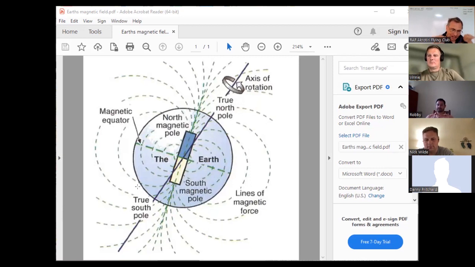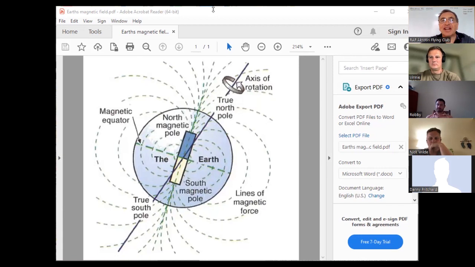It would be inclined a tiny bit. You can see here, it would be dipping down towards the magnetic North Pole, because it would be following these lines of flux. So it wouldn't actually sit horizontal on the surface of the Earth.